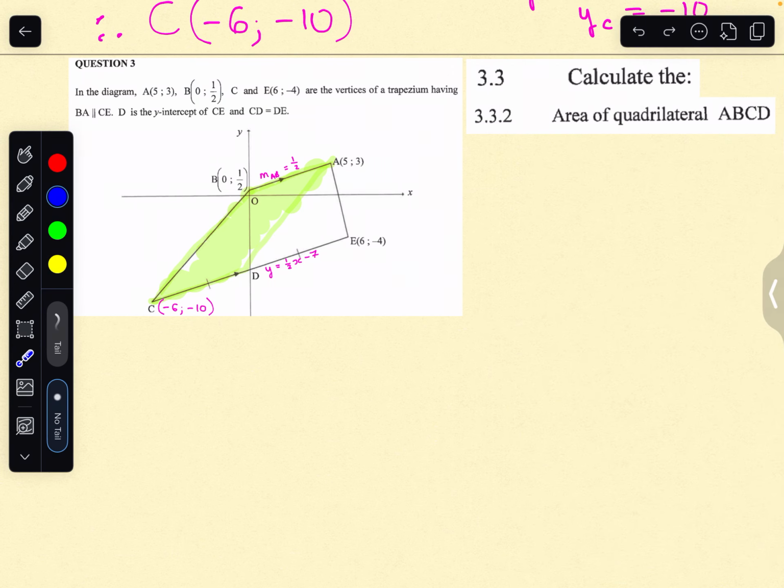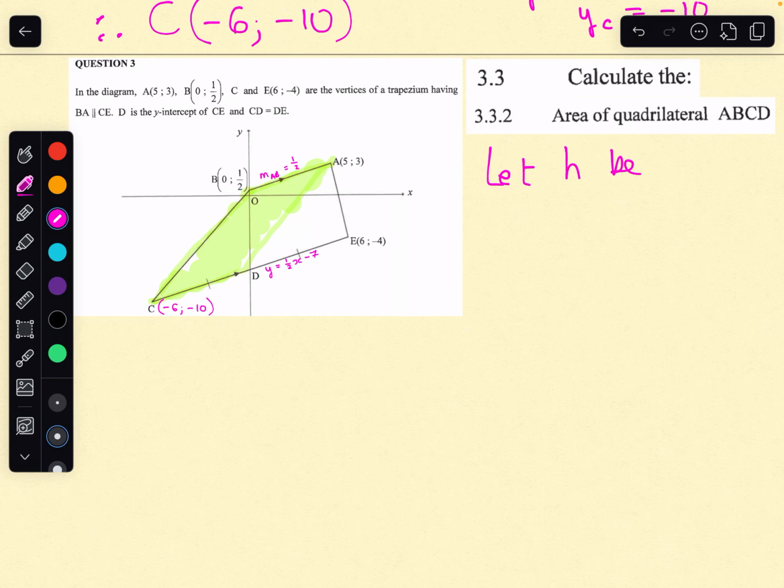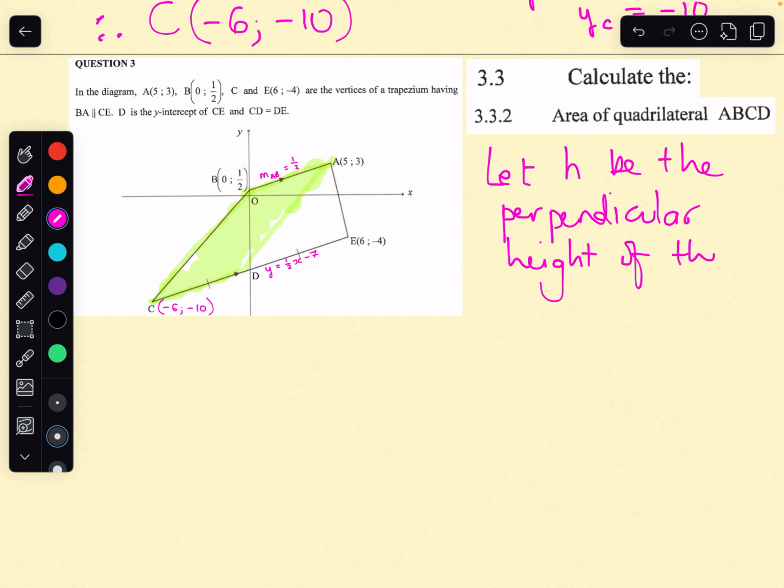So let's do that. So like I said, we know that, so let's just call it a nice name. Let H be, we'll call it the perpendicular height of the trapezium ABCE.